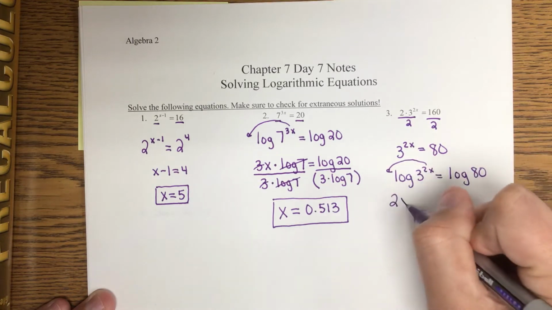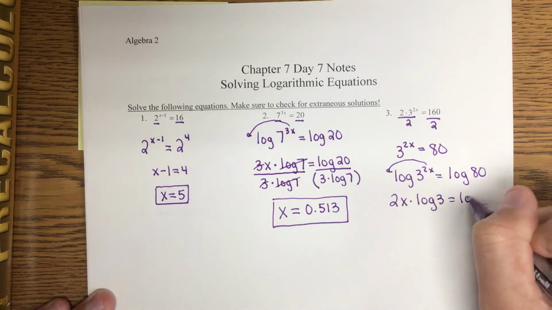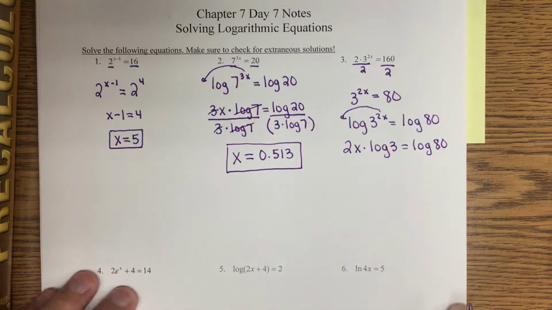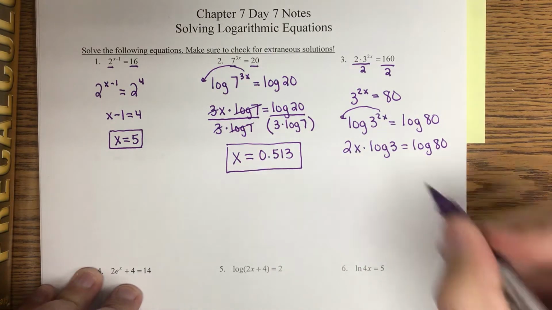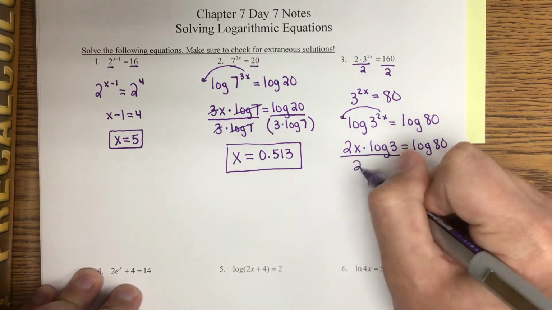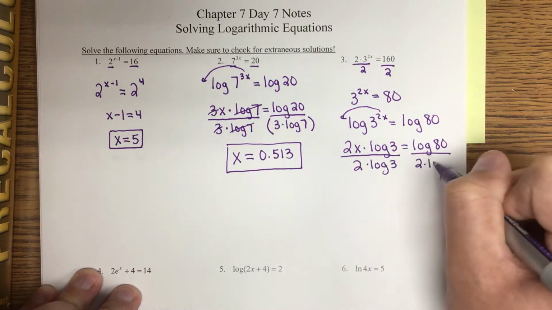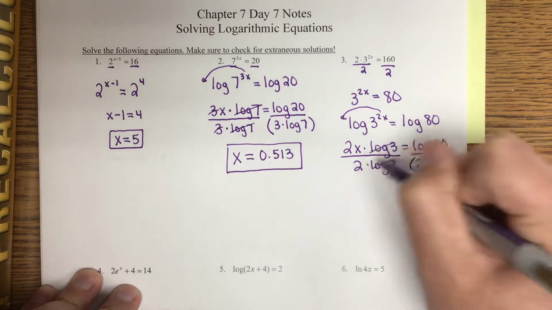So this would be 2x times log of 3 equals log of 80. Once again, I'm using base 10 because my calculator can do base 10, and that makes this calculation very easy. Then I'm going to divide by 2 and by log of 3. Make sure you put the denominator in parentheses.